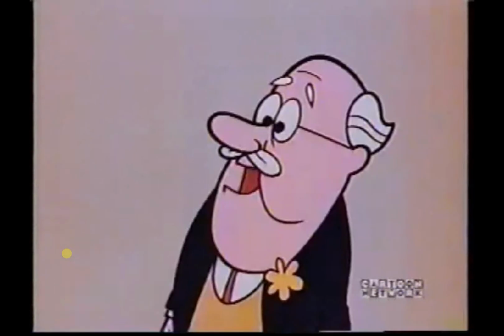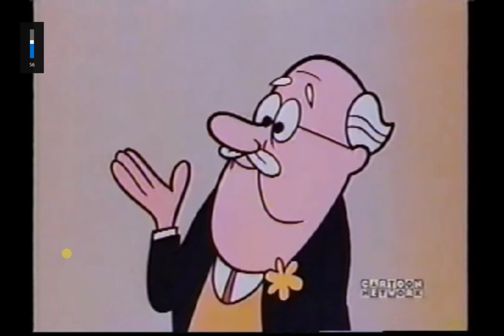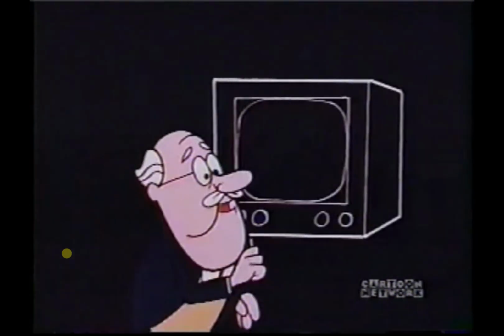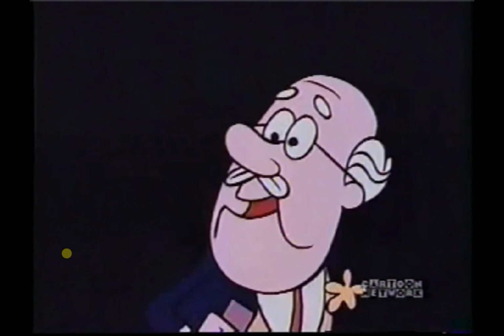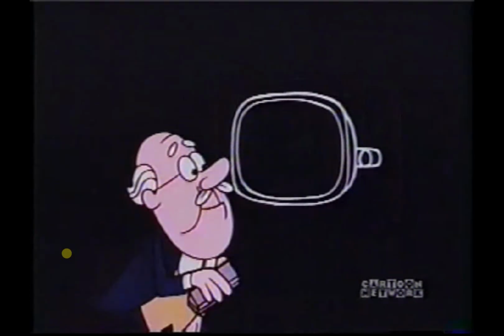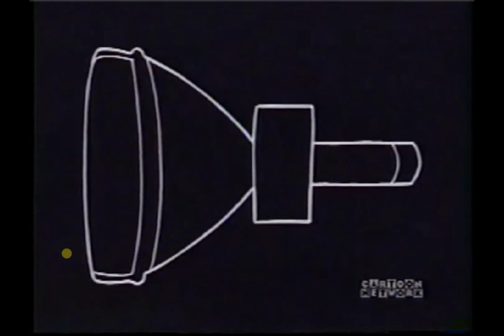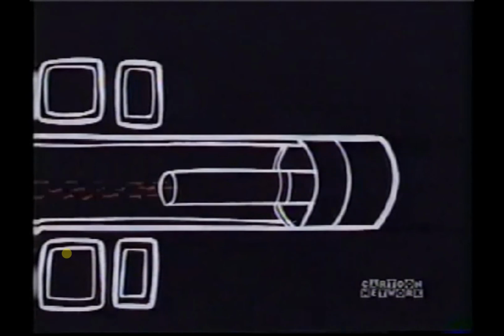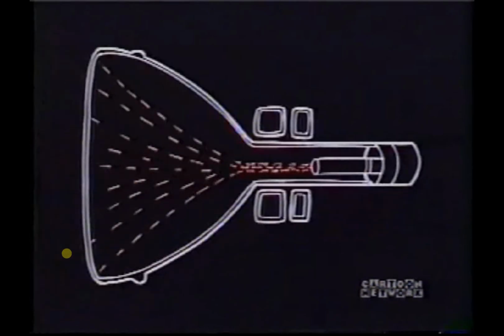But then how does it get to be a picture again? Well, let's go back to the 3D TV. Inside every TV set, there's a big tube. You call it a picture tube, but the correct name is cathode ray tube. It takes the waves from the transmitter and turns them back into electrons. In the back of this tube, there's an electron gun which shoots the electrons at the front of the tube.